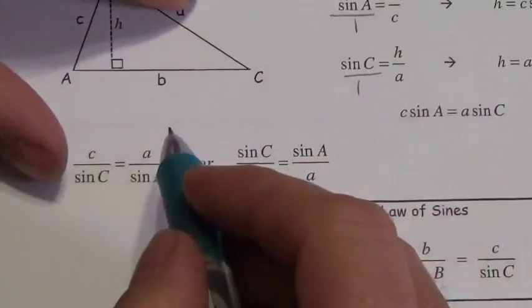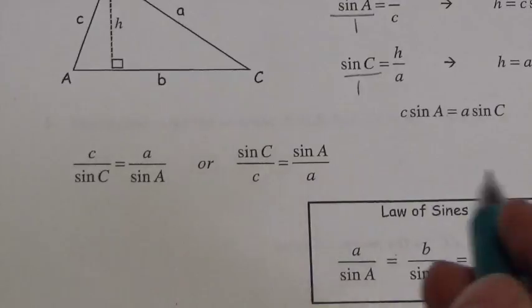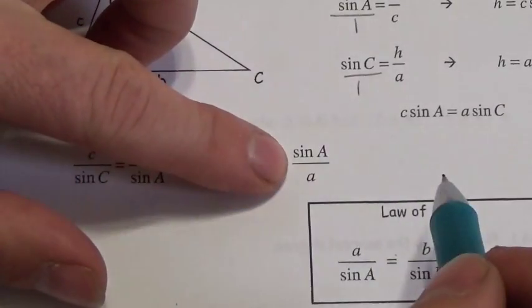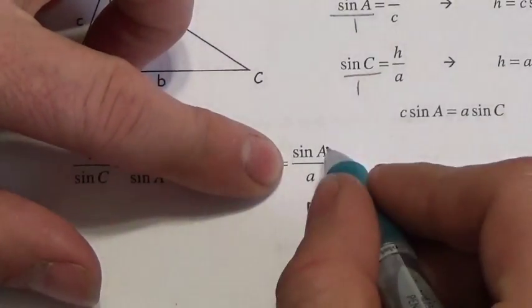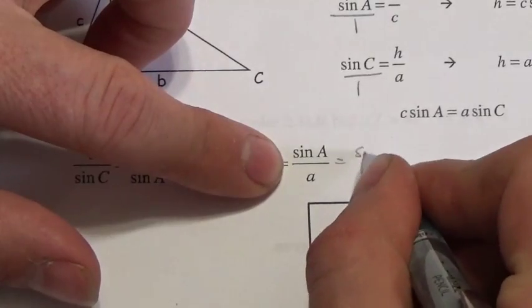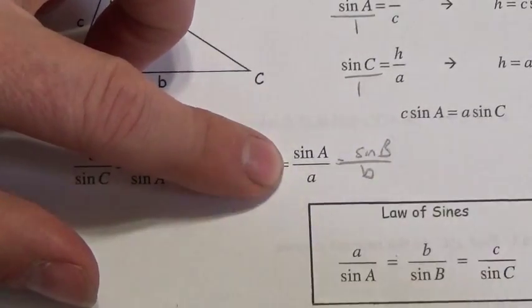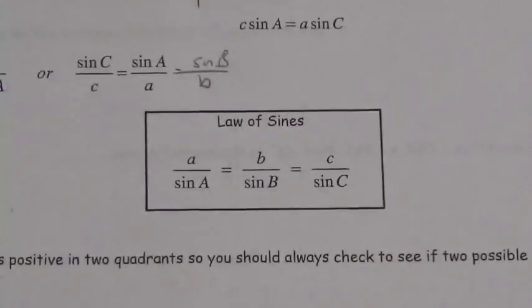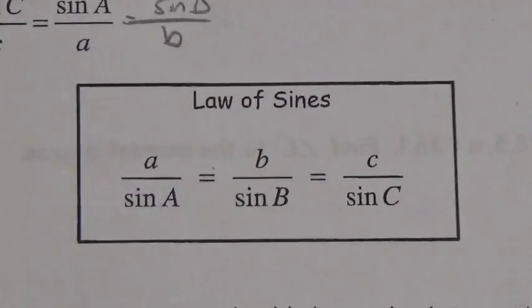Now, we could do the same thing with a different set of angles. We could have done it with angle A and B, and we would have gotten that the sine of A over little a is equal to the sine of B over side B. And this gets us the law of sines, or the sine law.